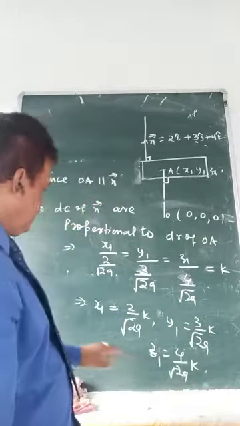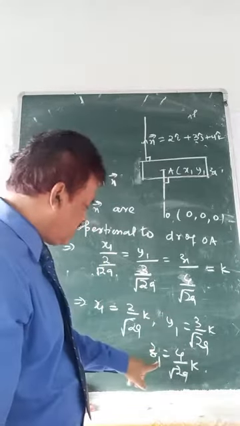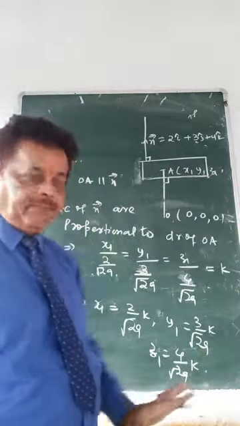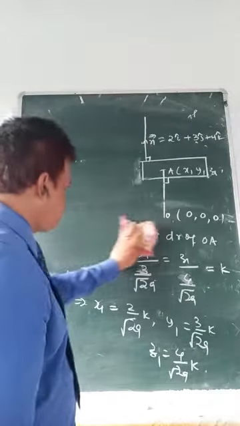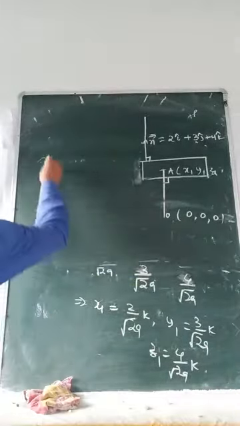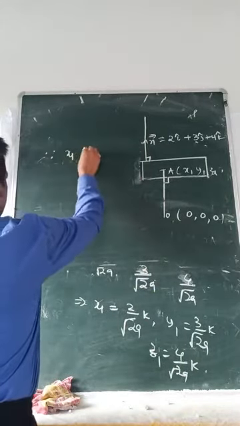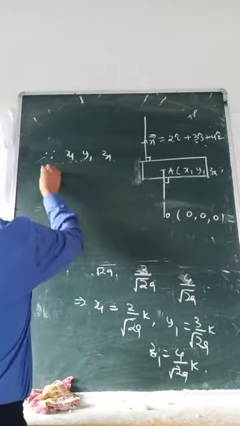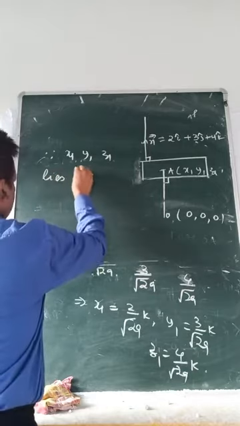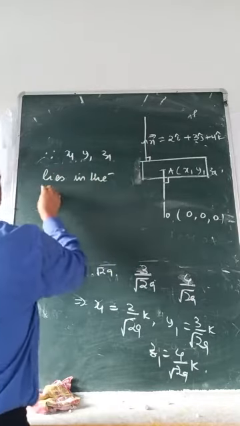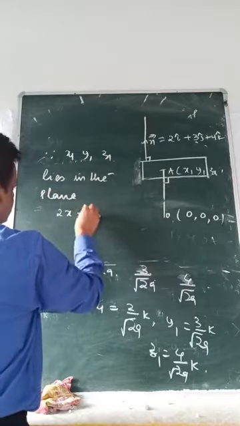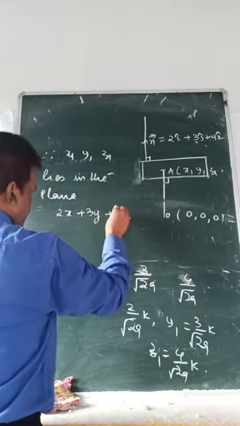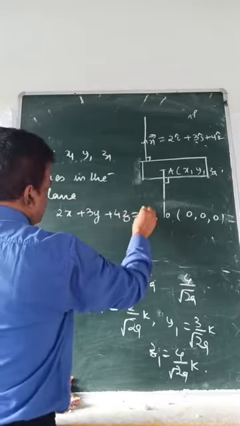How to find? Now x1, y1, z1 lies in the plane. So since x1, y1, z1 lies in the plane, what is the equation of the plane? 2x plus 3y plus 4z equals 12.